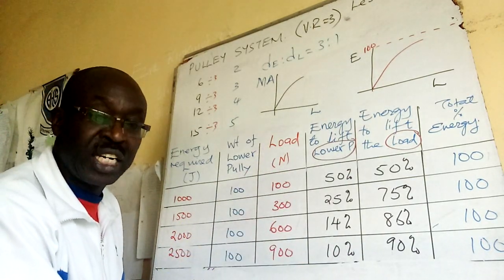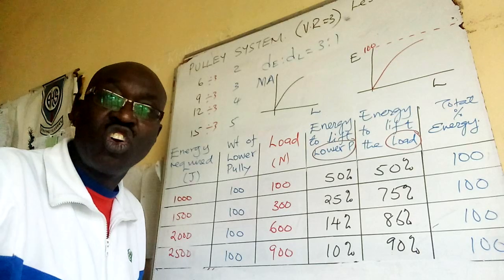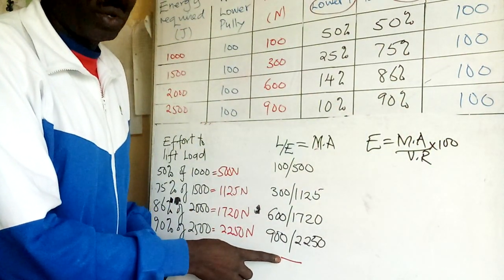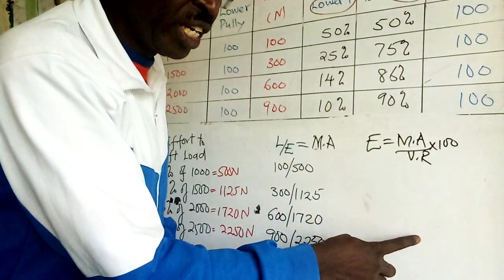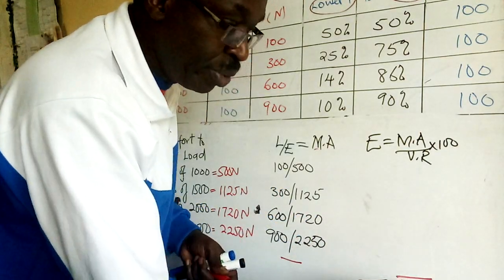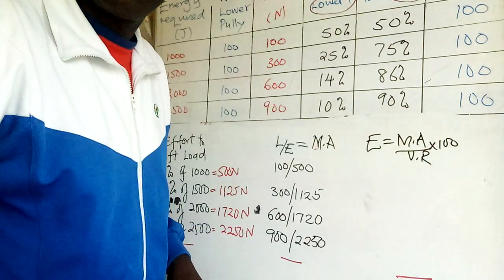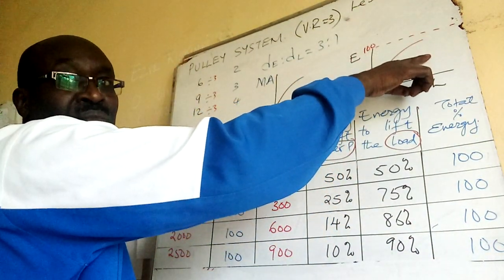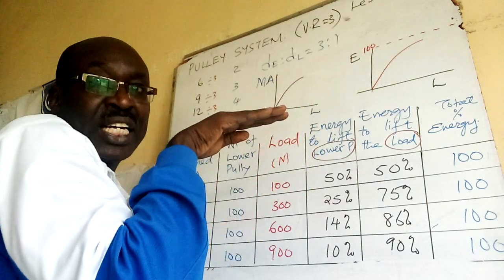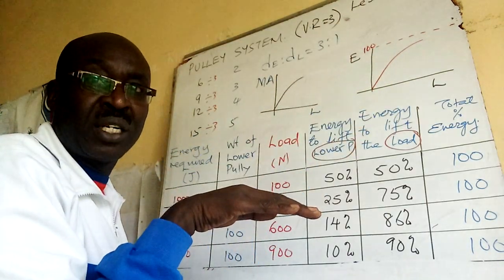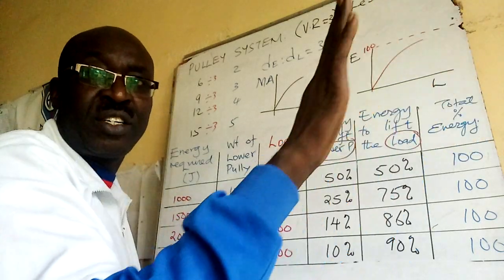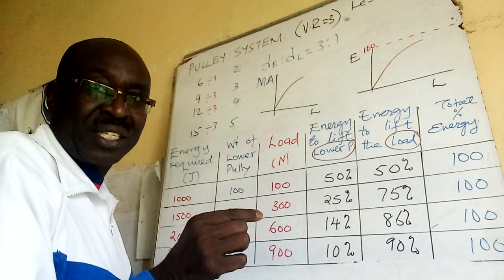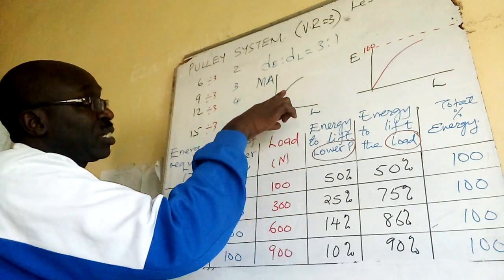Mechanical advantage is increasing. It does not go beyond a given point. Even efficiency will increase. It will not go beyond a given point. It reaches somewhere. It is like it is going to be flat, but you can't extend it to be flat. Just show that aspect of flatness. That is enough.